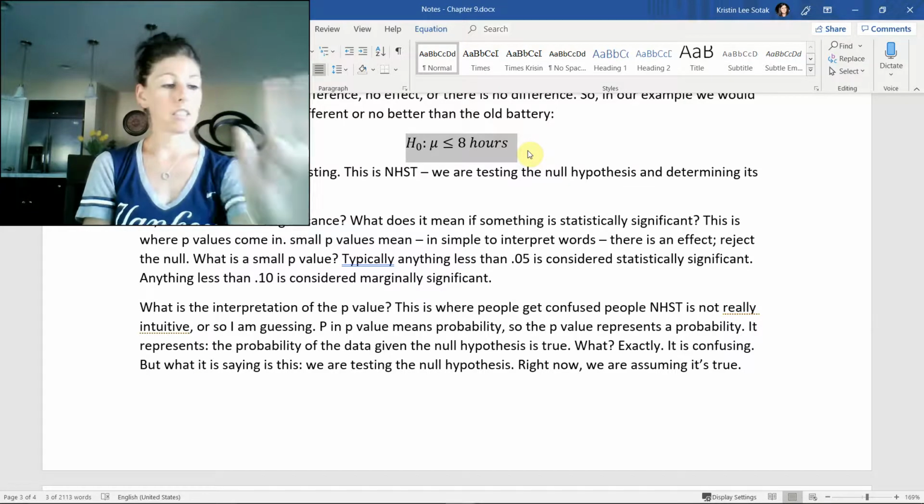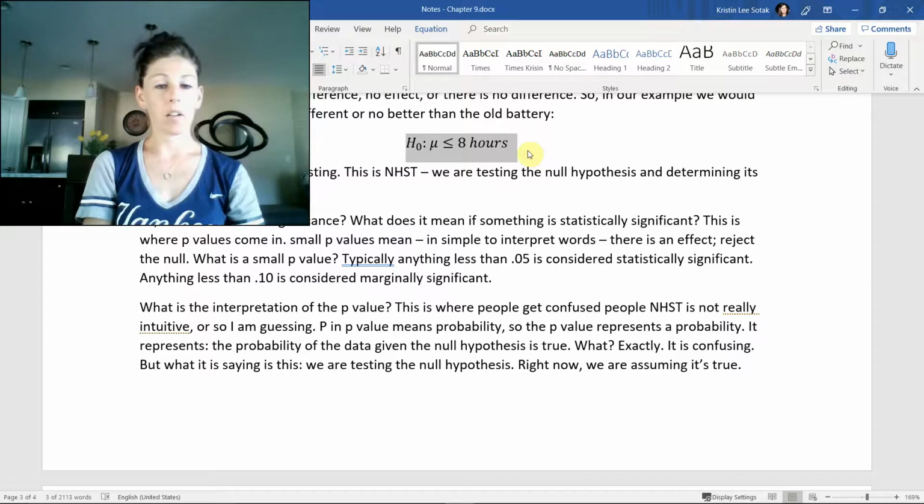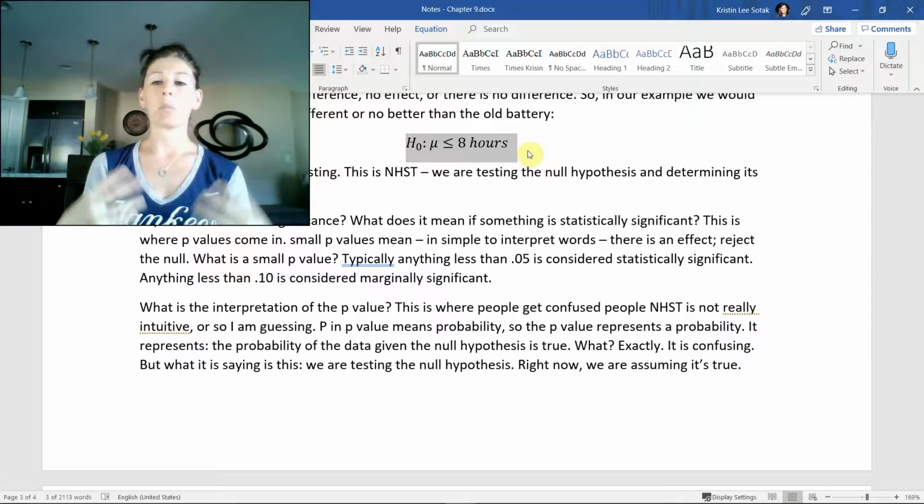We have evidence that says we don't have support for that. So if we have a small p-value, we can reject the null and we can say our results are statistically significant. So again, we have a null hypothesis. We're really testing that null. If we have a small p-value, we can reject it. We can say we have statistically significant results.